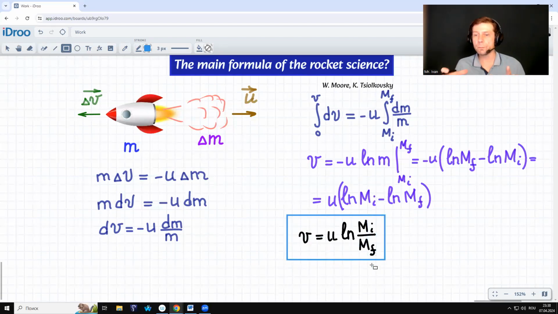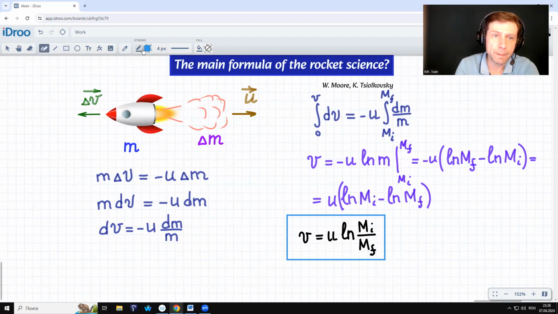And let's make one more adjustment. This is the log form, but there's also an exponential form, since we could rewrite it like v over u is ln of m initial over m final, log base e.